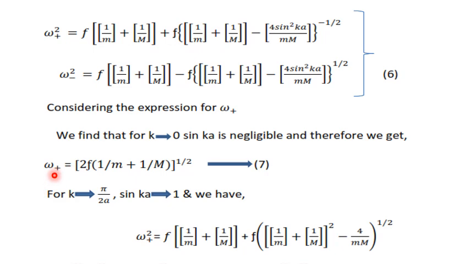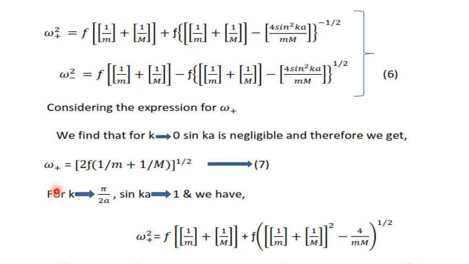Therefore omega plus is 2f (1 by m plus 1 by capital M) whole power half. For k tending to pi by 2a, sin Ka becomes 1. When sin Ka becomes 1, this is the solution. Do you understand? Here when k becomes 0, this term will be reduced.